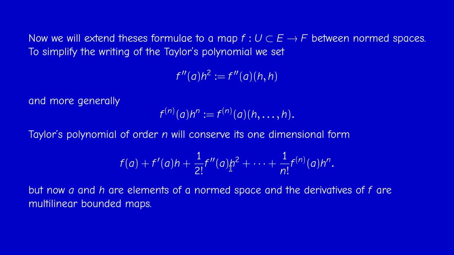And when I put instead of the two arguments h, h, I get this. So this is an element in F, and so on. So the generalization will work, but we have to think of the derivatives now as multilinear maps instead of just numbers.